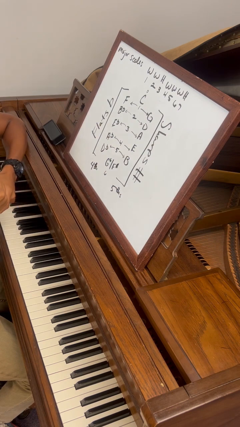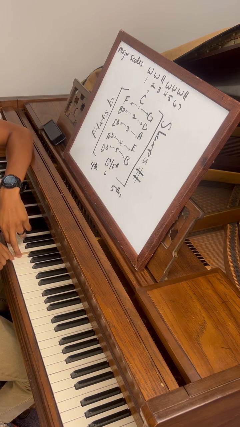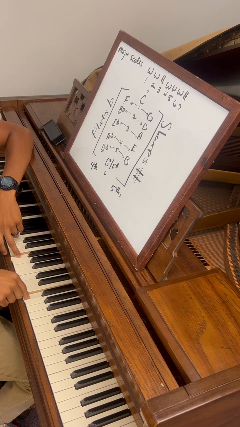So if I started in the key of F and used my whole step, half step major scale formula, I know that if I start on F, and keeping in mind that I have the musical alphabet, so that means I start on F and I have to end on F, so I got at least two of my notes.